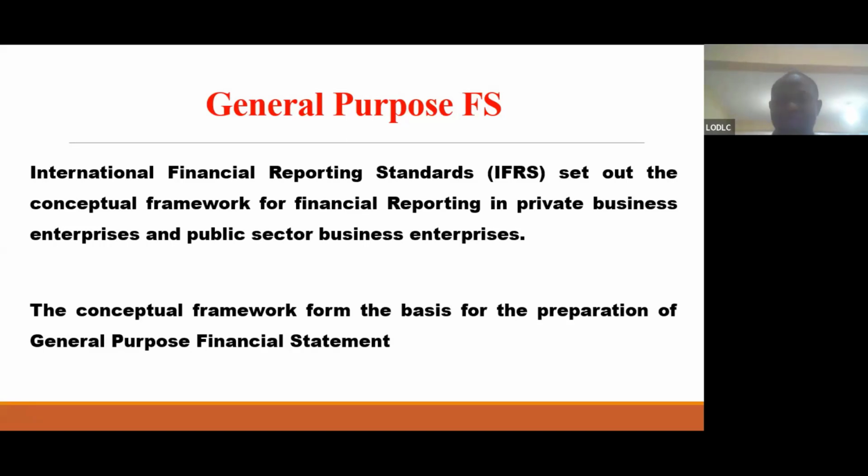International Financial Reporting Standards, IFRS, set out the conceptual framework for financial reporting in private enterprises and public sector business enterprises. That shows that the general purpose financial statement can be found in private enterprises as well as public sector business enterprises. Don't forget, I made mention of SMEs yesterday, but the IFRS for SMEs has to be specific.